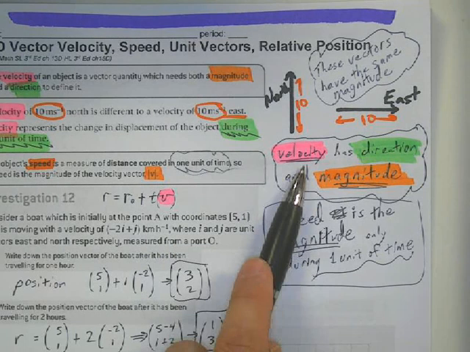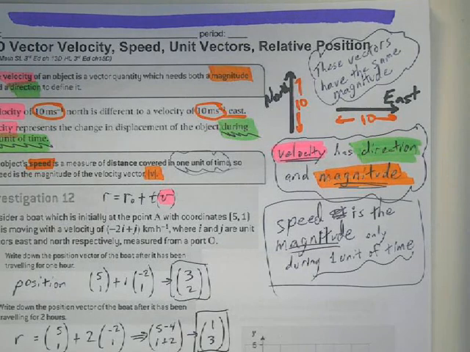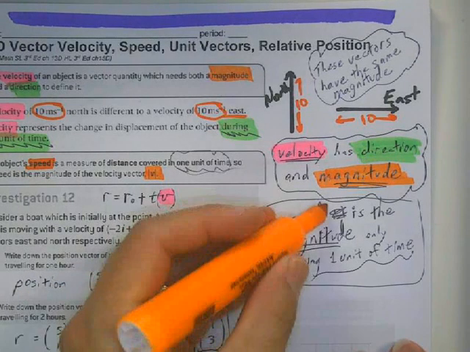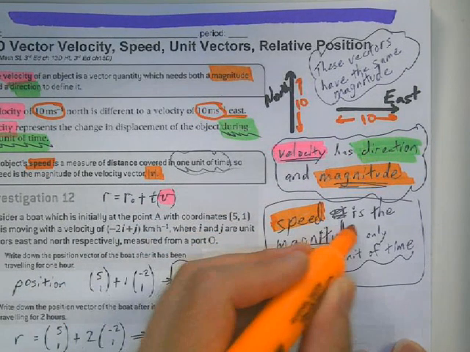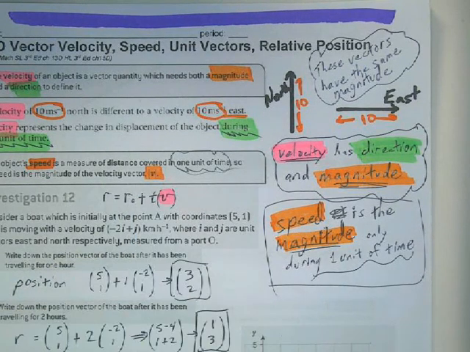Okay, so velocity has a direction and a magnitude. Speed, on the other hand, just has the magnitude. So we represent finding the magnitude with those absolute value signs.